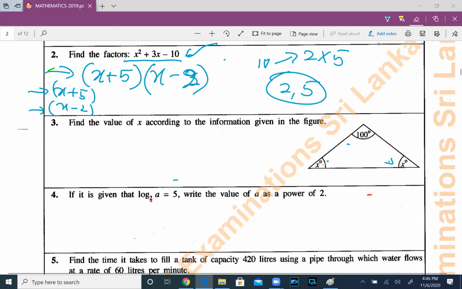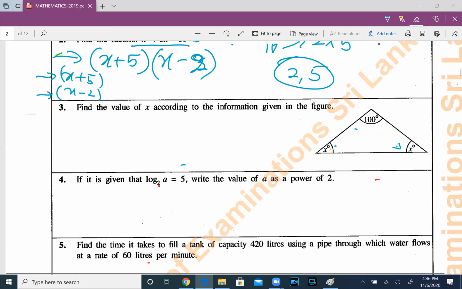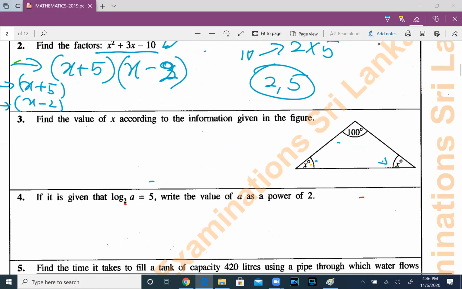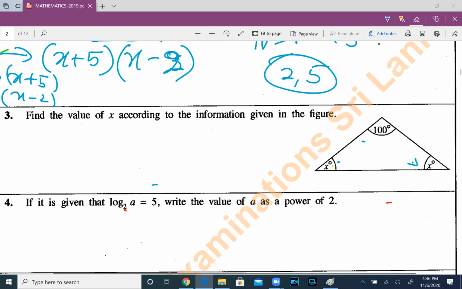Find the value of x according to the information given in the figure. When you see, it's a triangle basically.